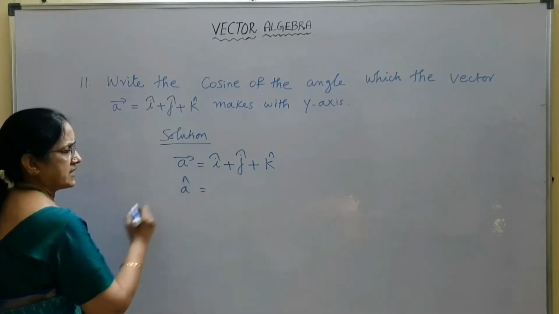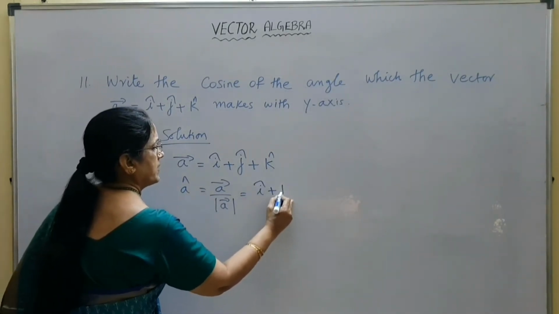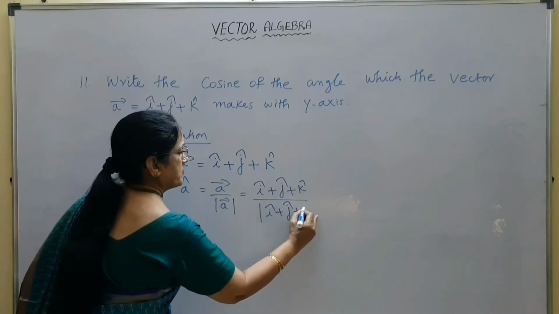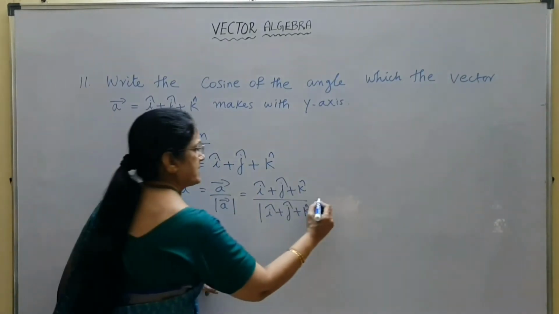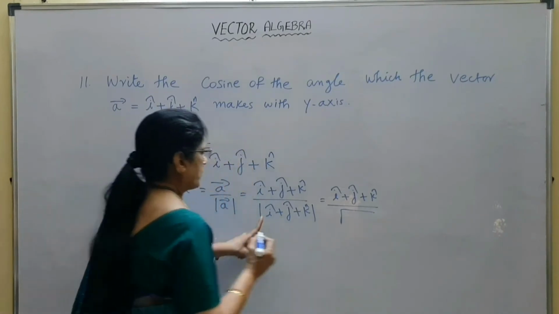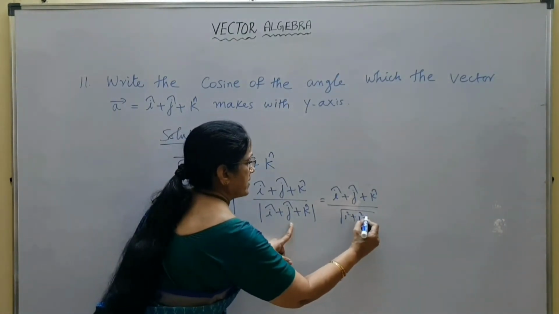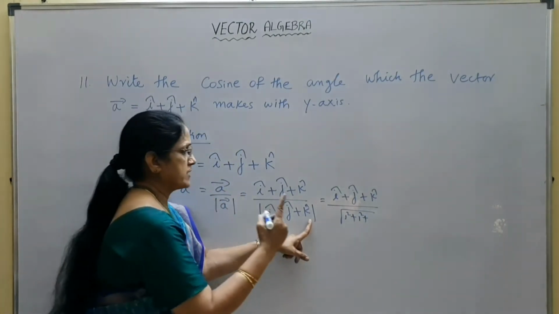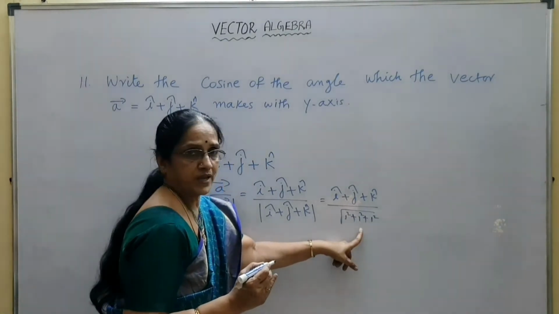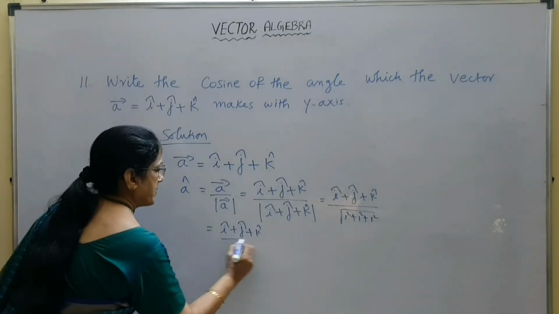So, unit vector A cap is nothing but A vector by mod A vector, which is I cap plus J cap plus K cap by modulus I cap plus J cap plus K cap, which is nothing but I cap plus J cap plus K cap by root of coefficient of I cap is 1, so 1 square, coefficient of J cap is 1, again 1 square, same is the case for K cap also, the coefficient is 1, so you get here 1 square, which is 1 plus 1 plus 1, which is 3, so square root of 3 you will be having.